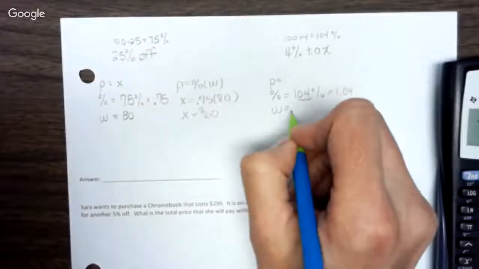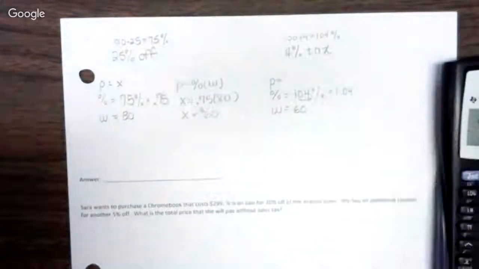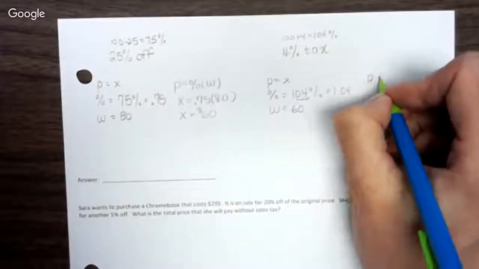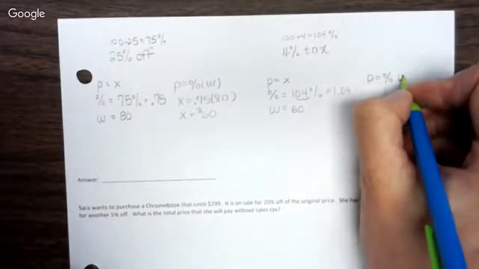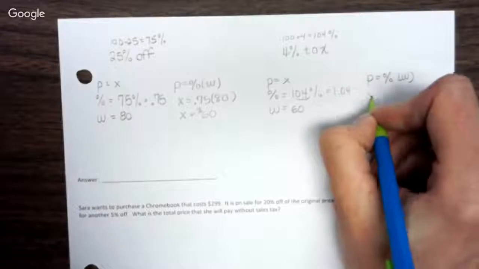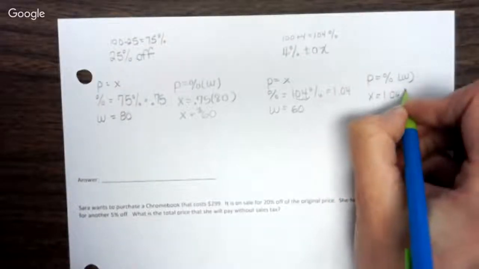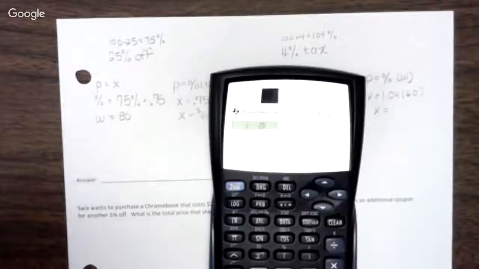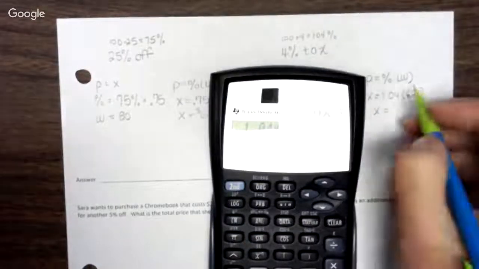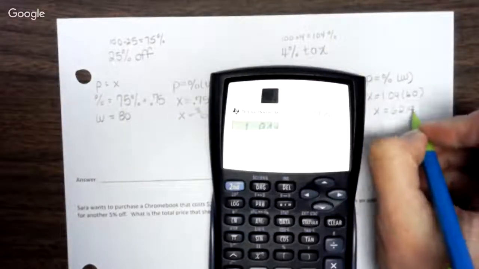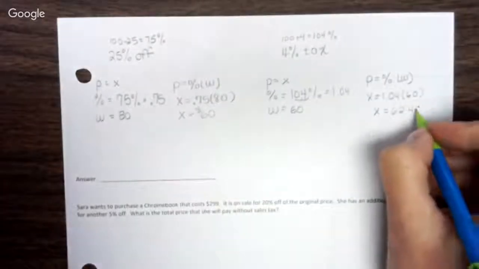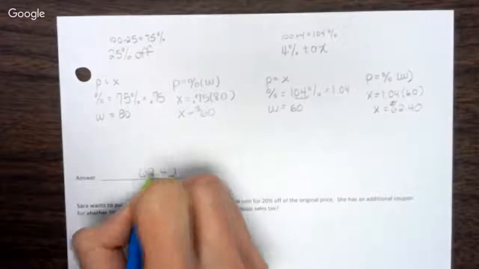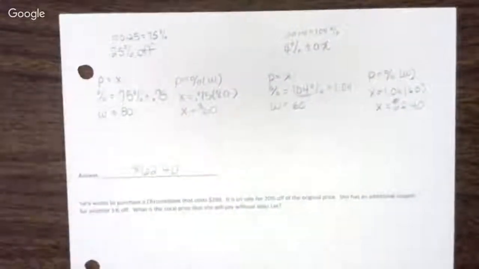Now the cost that we are putting the tax on is the discounted price, which is $60, and X is your part. So part equals percent times whole. So 1.04 times 60 gives us 62.4. But remember, we're talking about money, so we should add a 0. And the cost that you're going to pay is $62.40.